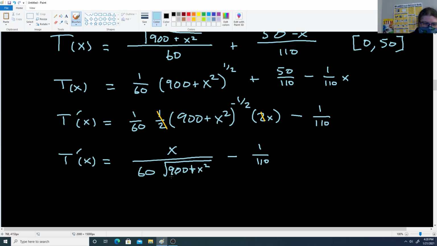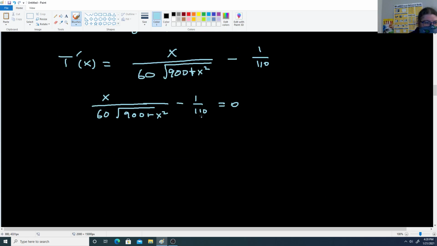So there's no undefineds here. What we're going to have to do to find the critical point is set the whole first derivative equation equal to 0, and we're going to have to hope that it is solvable. So let's see here. I'll scoot the 110 over.